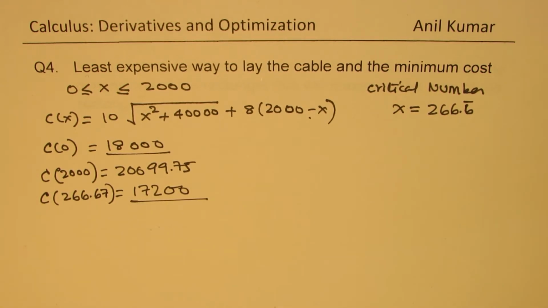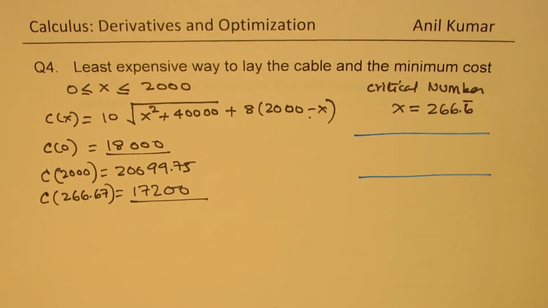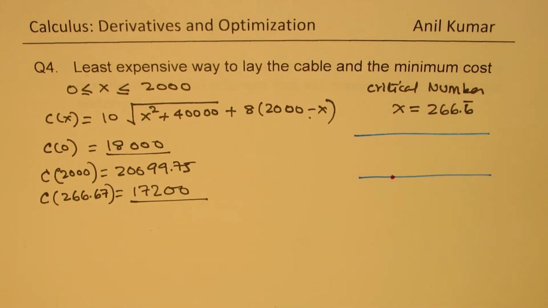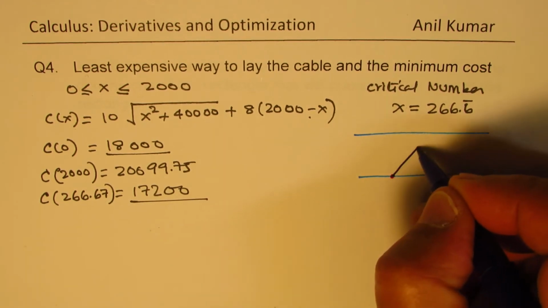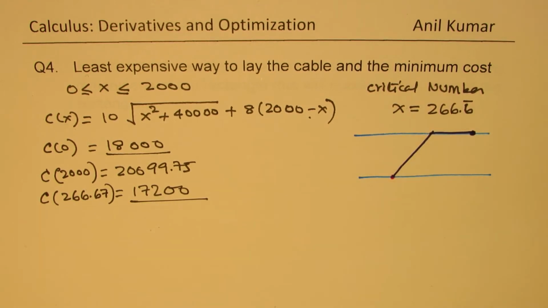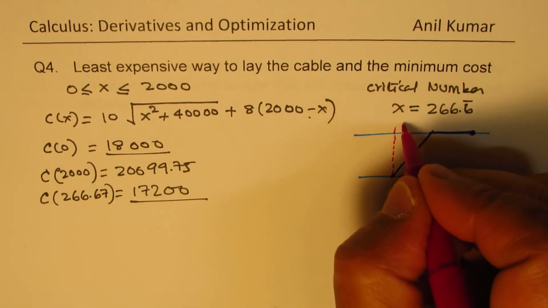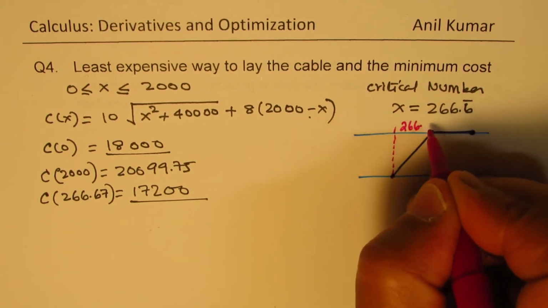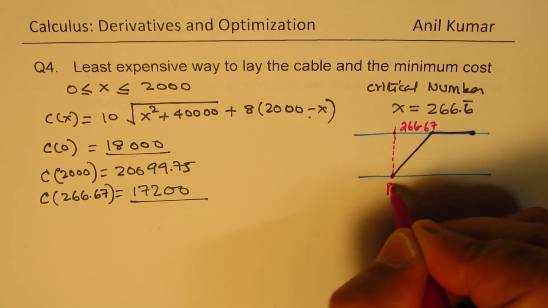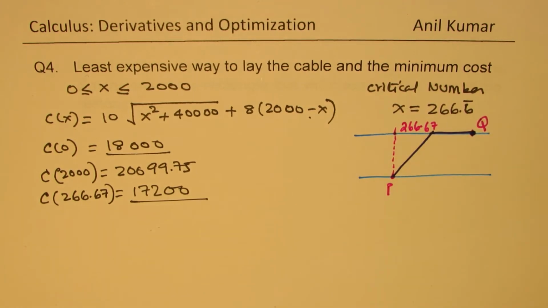Getting back to our diagram, you have to run the cable from P to somewhere here, and then like this, where the point is 266.67 meters from opposite to P, right? So that you could reach Q.